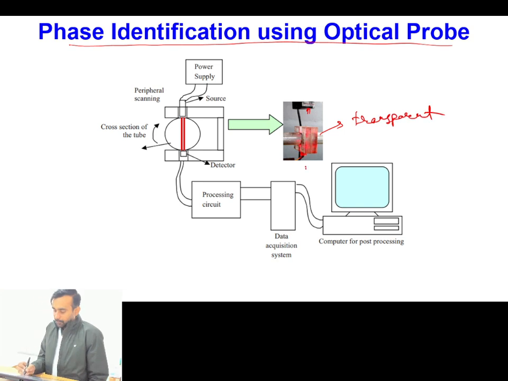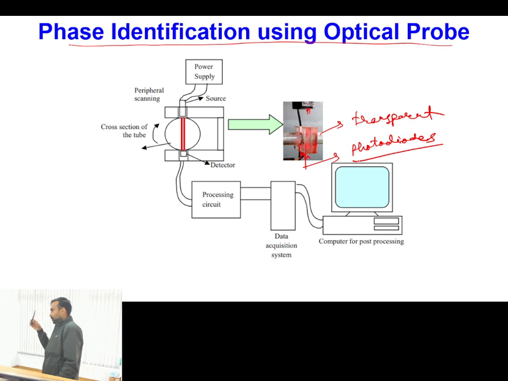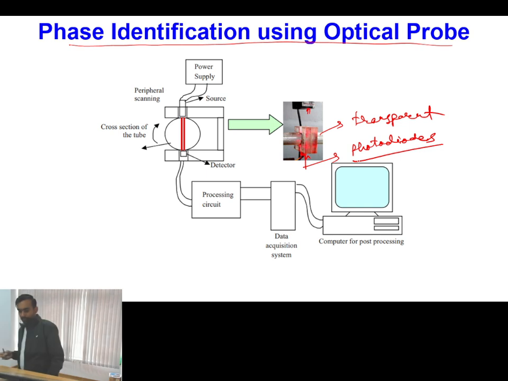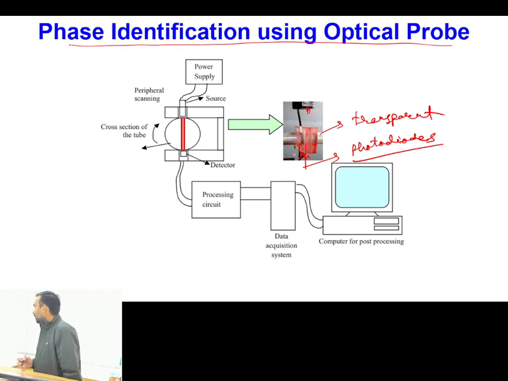And at the bottom there is one detector. Typically for detecting laser light or visible light, we use photodiodes. Whenever light falls on a photodiode, it generates a voltage. This is the mechanical configuration which is used, and this is used in a horizontal pipeline.